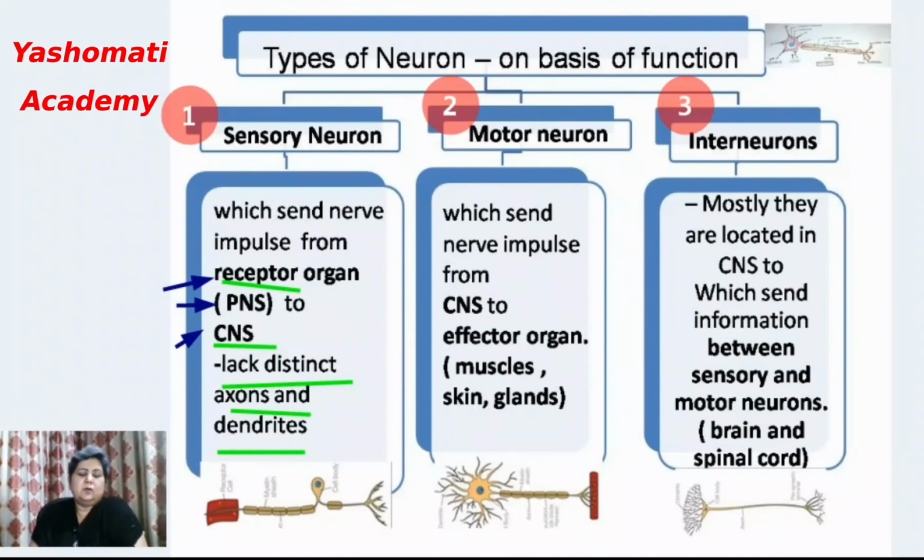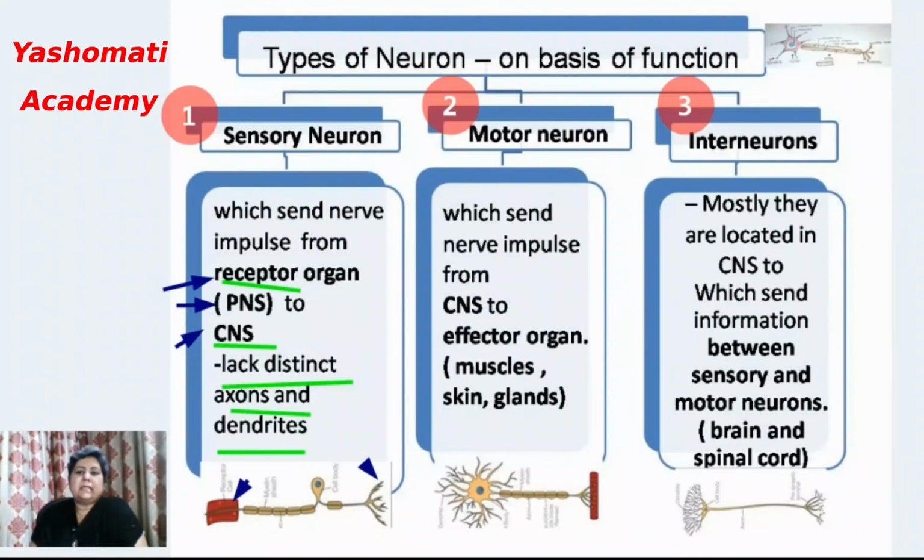This neuron has two branches, that is, it has a sensory end and it has a nerve end. The end present in the sensory organ is called the sensory receptor, and the end which forms the nerve ending will be taking the stimulus from the sensory organ, from the receptor organ, to the nerve ending, which may be located in another part.